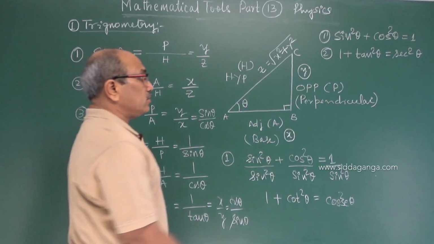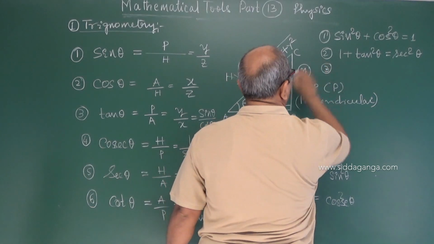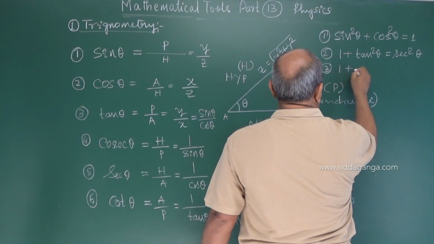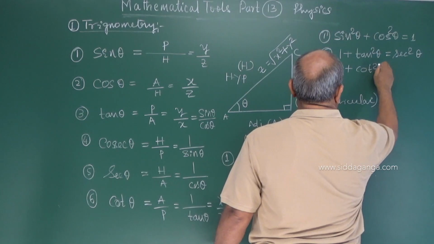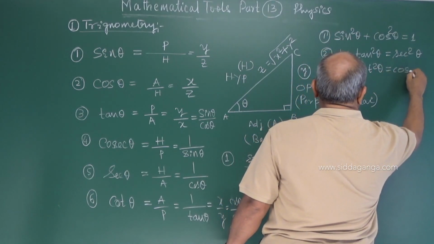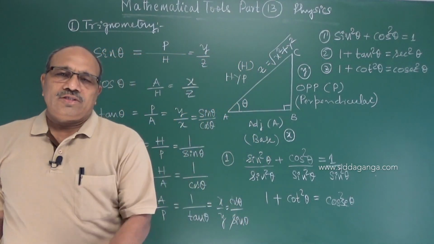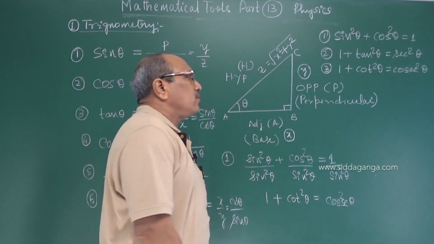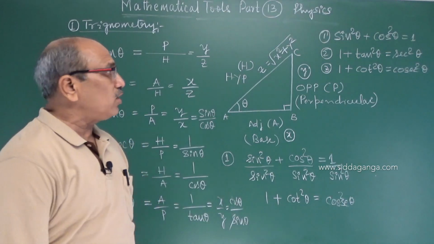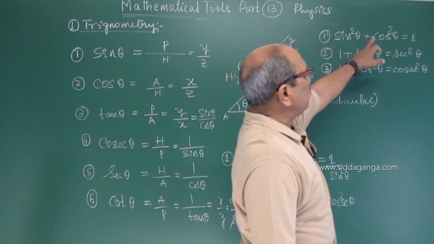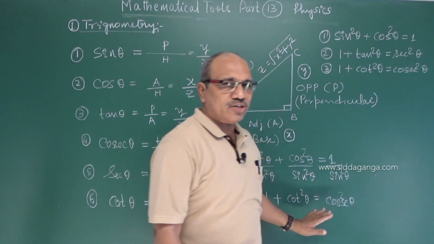So the three relations which are interconnected: 1 plus cot square theta is equal to cosecant square theta. The simple relation I have shown here, the three relations are formulae. Sin square theta plus cos square theta is 1. Derivation is not important for us.